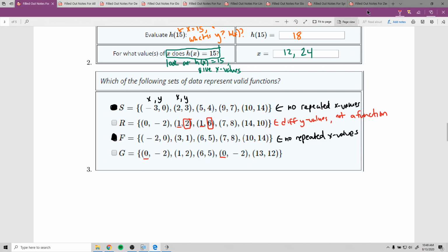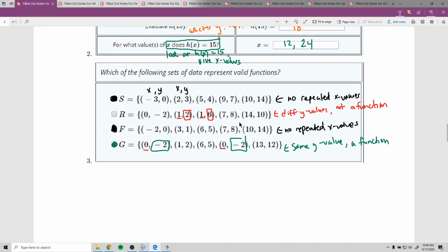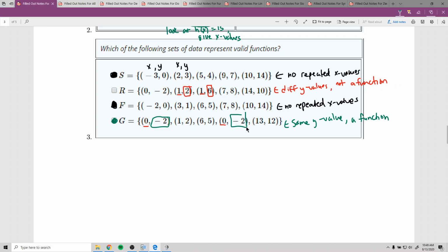But the y value is the same. -2 and -2. So it is a function. Right, so same thing, whether it's a table or a set, we're checking the same things.